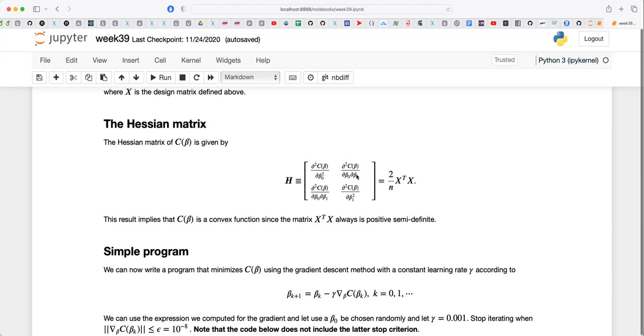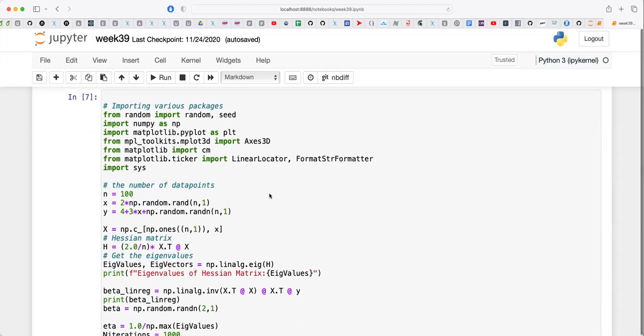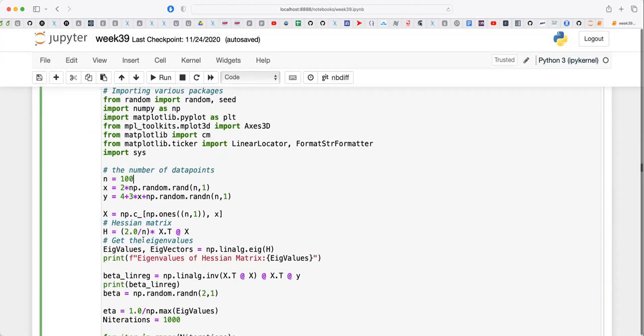And that's why we introduced this learning rate. So what I've done here is actually just to implement a simple, stupid learning rate and see what happens. Let's take a look at the code here. The first one is not very fancy at all. I have this data set with 100 points.